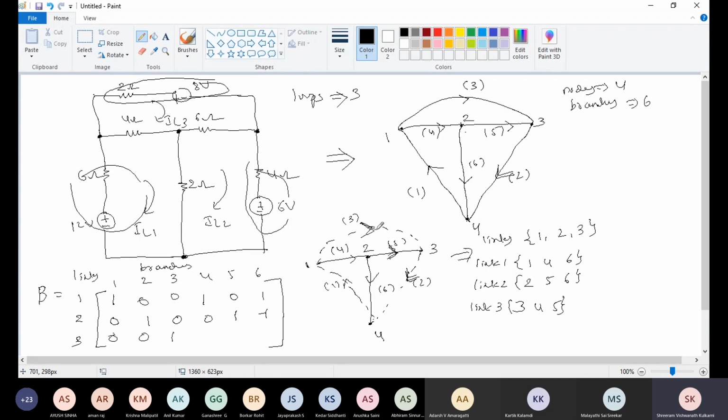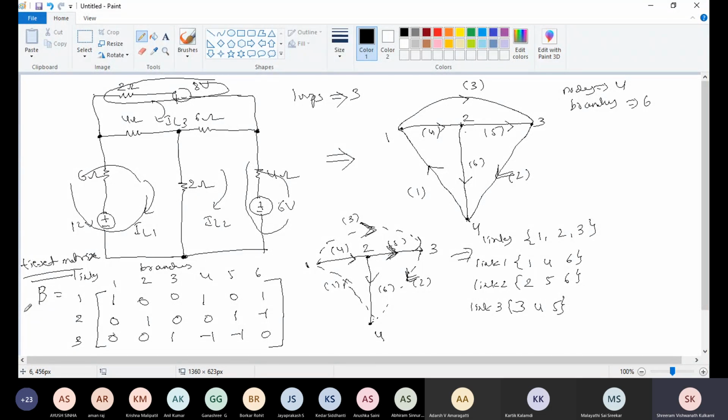See here, this is in this direction, 5 is opposite, 4 is opposite, so -1, -1. Then 6 is 0. This is my dissect matrix.